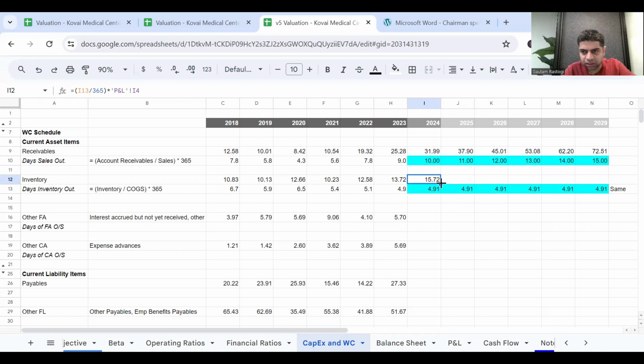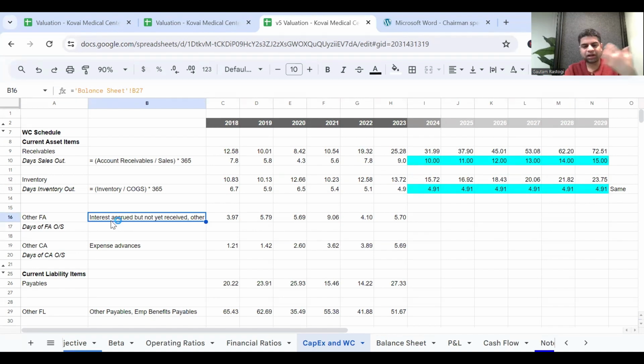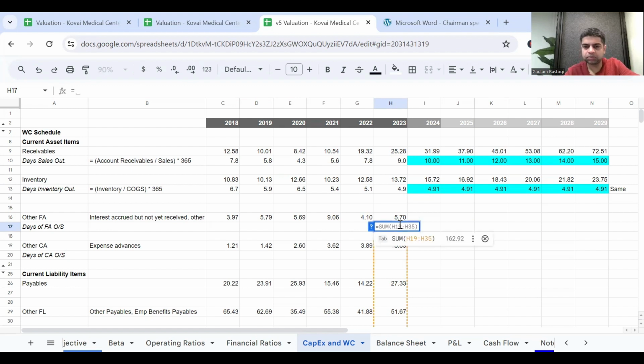Now let's pull it forward. So this is my inventory. Now there is something called other financial assets, which is interest accrued but not yet received, plus other components that make up other financial assets. So let's do the same and estimate days of financial assets outstanding.